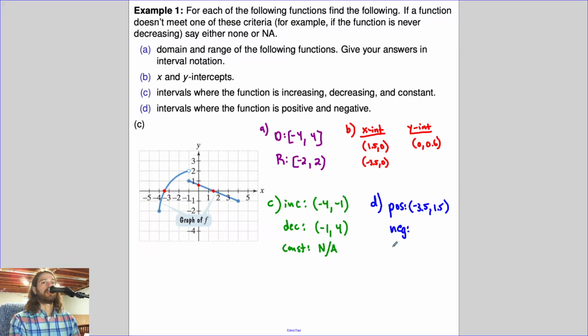And then where is it negative? There are two regions. It falls below in this very small region here, and a larger region. So let's take a look. It's negative from -4 to -3.5. And then it's also negative from 1.5 up to 4.